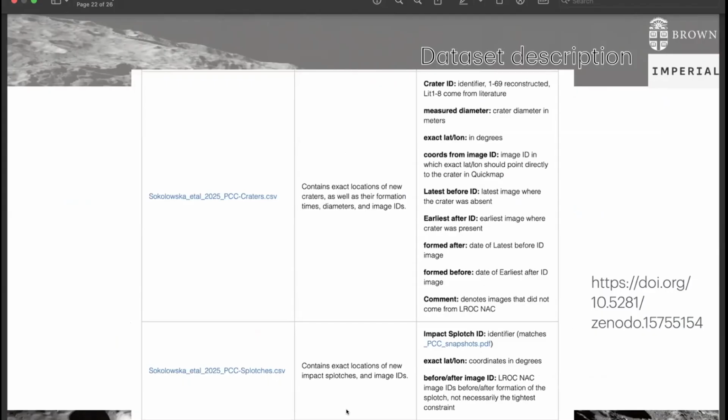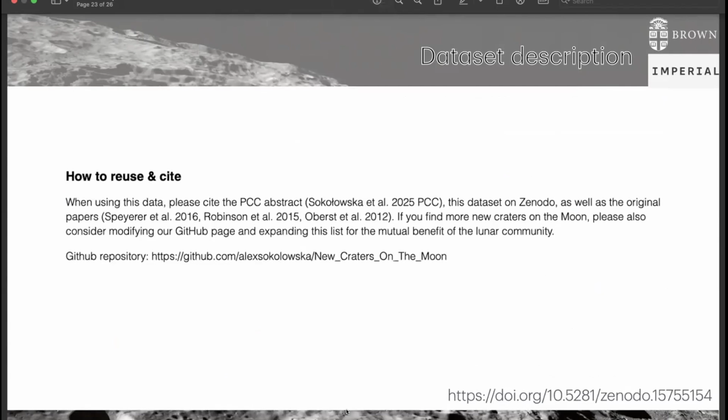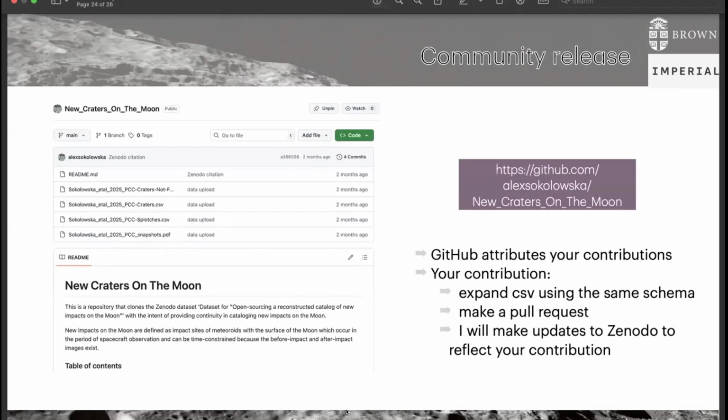same for splotches. So if you end up using this data set, it would be awesome if you could cite the PCC abstract. The PCC abstract contains the Zenodo link, and also obviously the original papers where the data comes from. And if you do find new craters that are not on the list, I want to appeal to the community to expand the list in the following manner. You can use the GitHub page that mirrors this.